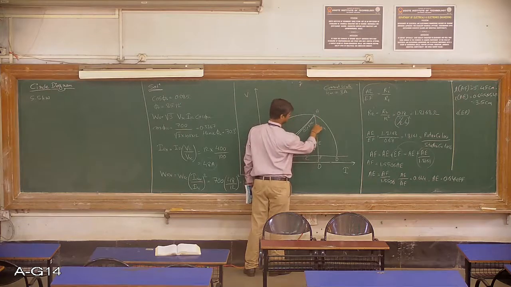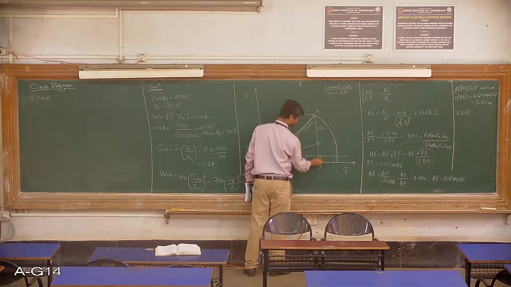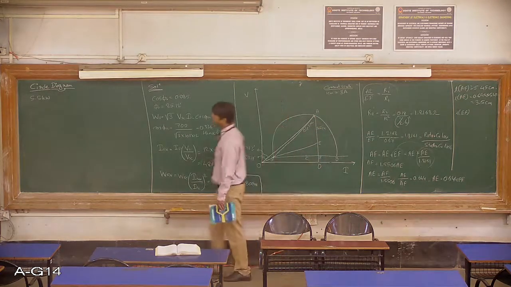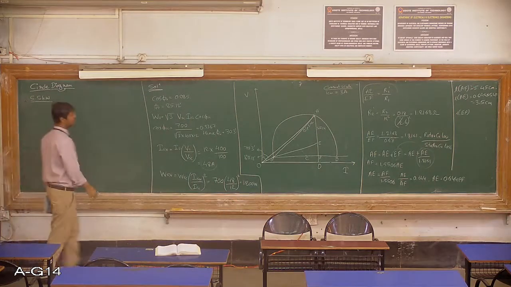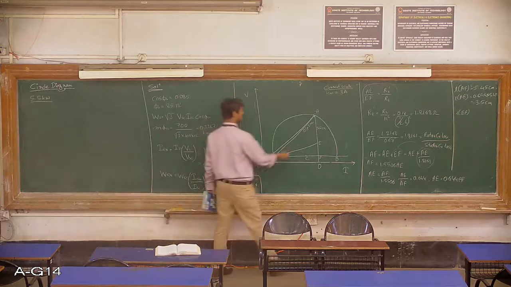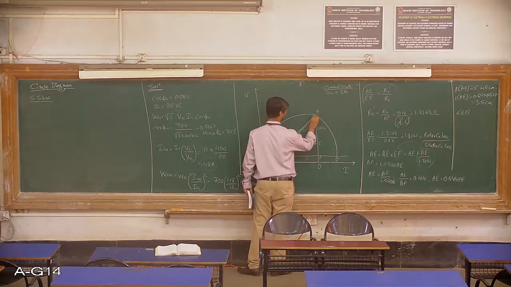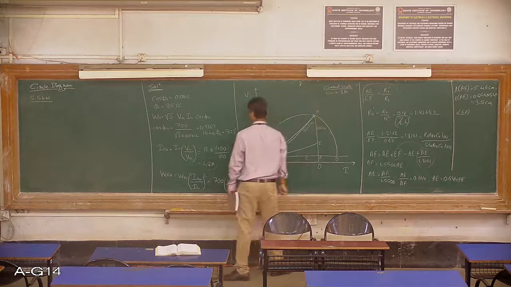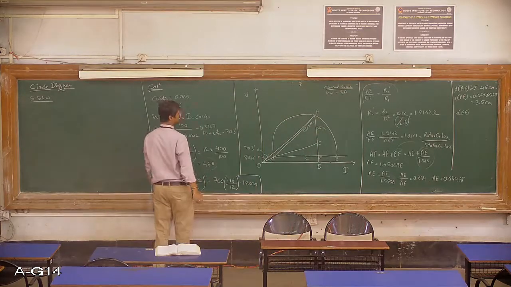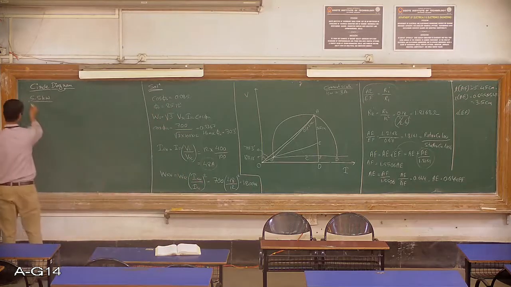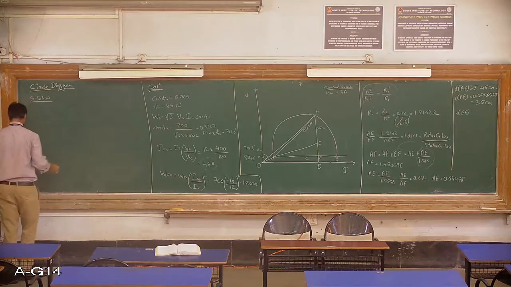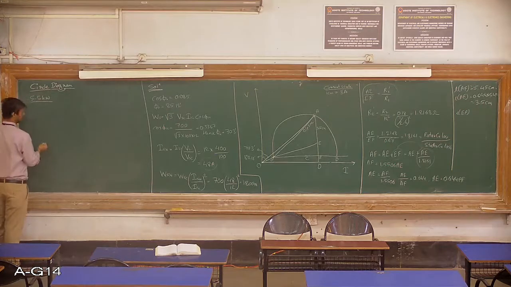This is rotor copper loss, this is stator copper loss, this is constant loss. Now if I have to show the output 5.5 kilowatt, I should be extending the line from the point A vertically upwards. For that I should first calculate the power scale, then extend the line for 5.5 kilowatts corresponding to the power scale.